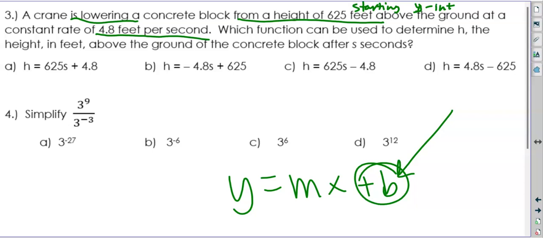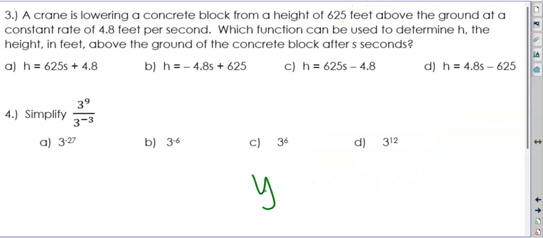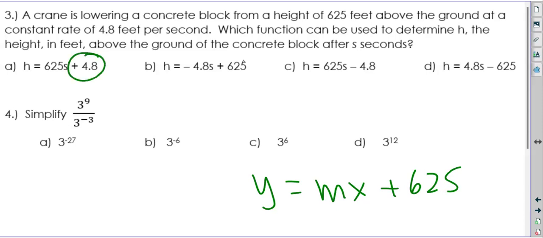First of all, we need to know that this is your rate of change, how your height is changing, and this is your initial value, where you start. So I know for sure that my constant value has to be 625, because that is where I'm starting. I see this constant, this constant, this constant, and that constant.